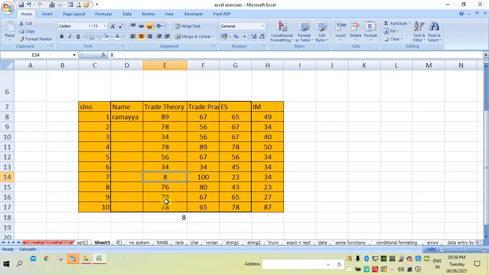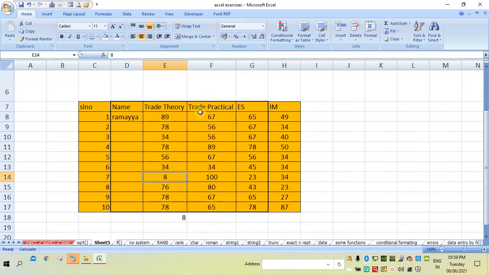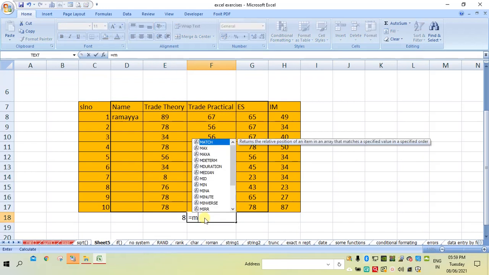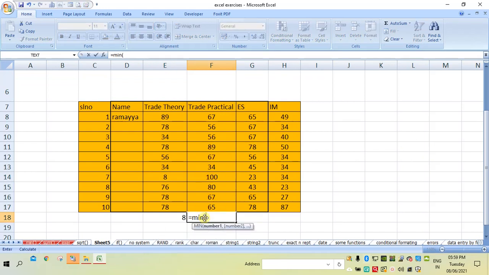Similarly, we will see the minimum marks obtained in the trade practical column. Same procedure: equal to MIN, in brackets specify the range. Bracket complete. So the minimum marks obtained is 34.